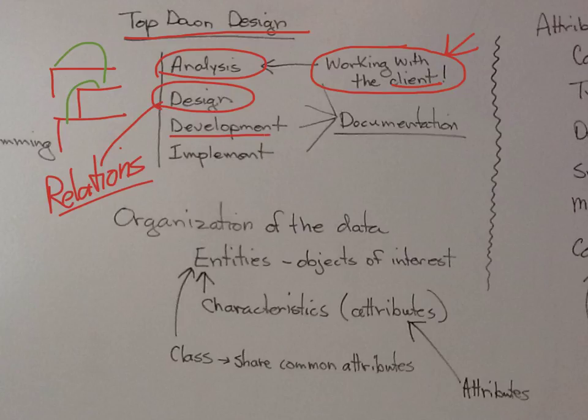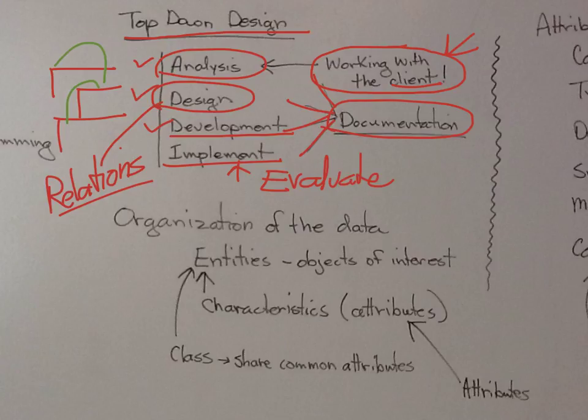Then we can start actually building it. Once we get through these 2 stages, the development, actually make the tables during the whole time. No matter what step we're at, we're always documenting. Put it into production, put it into use, and evaluate if it's working. If there needs to be changes, analyze, design the change, develop it, implement.